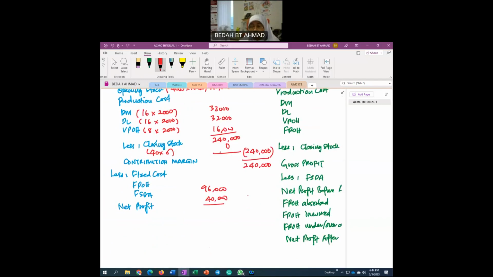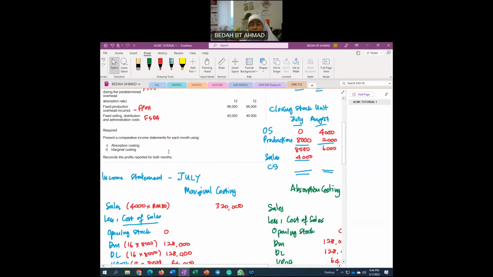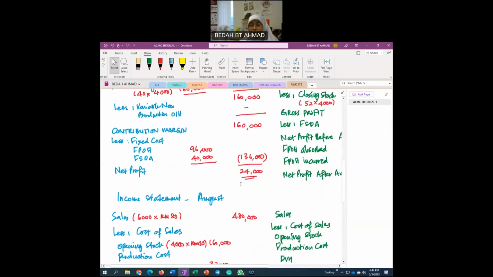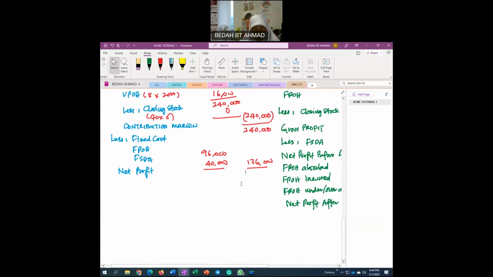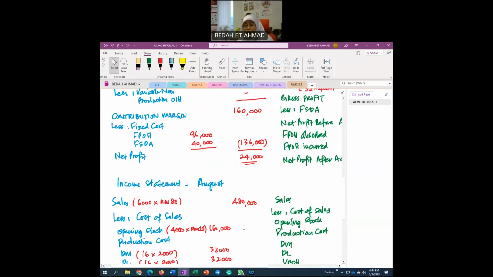So altogether 136,000. Okay, so fixed production overhead is here, this one in August, 96 and 40,000. So the net profit is 104,000. So that is the net profit under marginal costing in August.